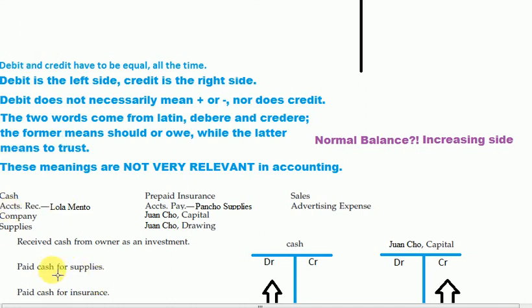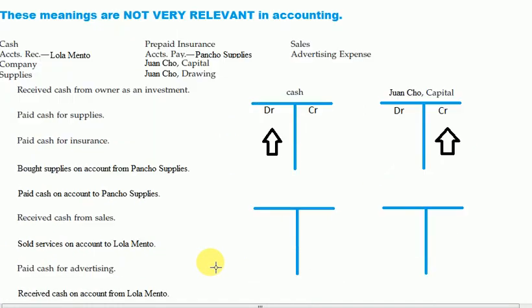We know it's cash and supply. I'm just going to type it up: cash, and here is supply. I'm going to put DR and CR, and here I'm going to put DR and CR.